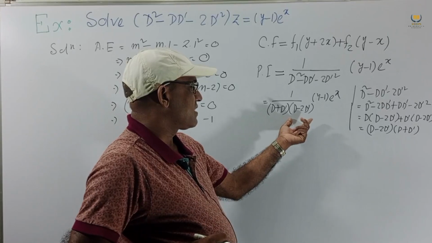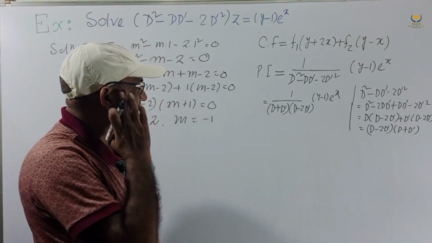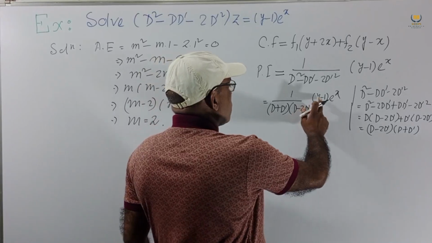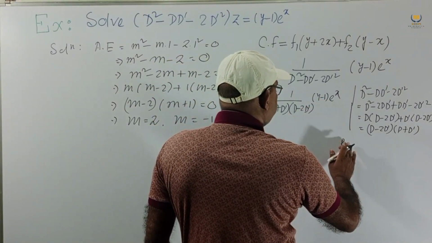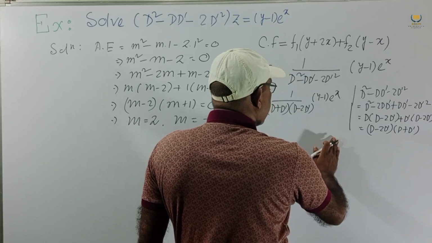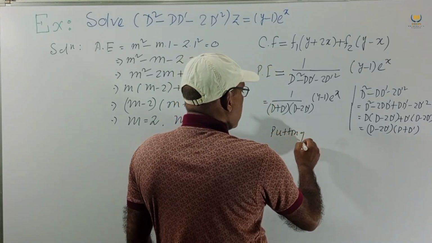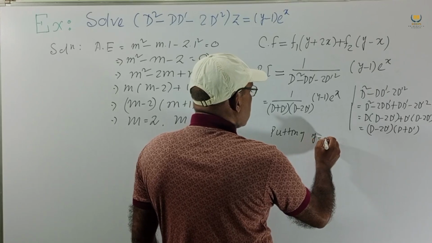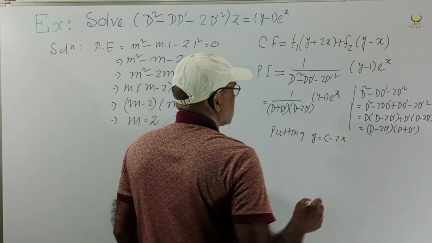For the factor D minus 2D dash, we put y equal to c minus 2x.